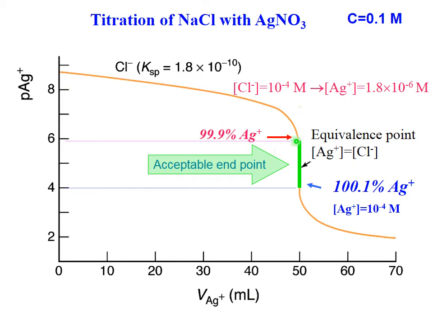And between this point and this point, I have 2 orders of magnitude of silver concentration. So 10 to the negative 6 and 10 to the negative 4. It's a very sharp jump. Then the concentration will change slowly when I'm adding more silver. So I can end my titration at any place here. I'll make no visible error.